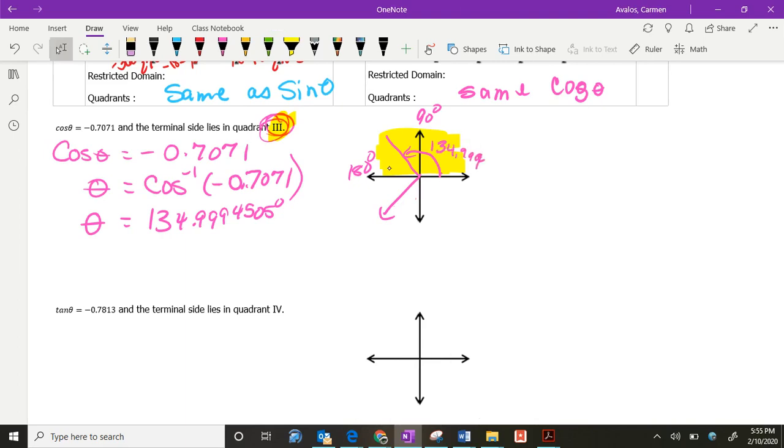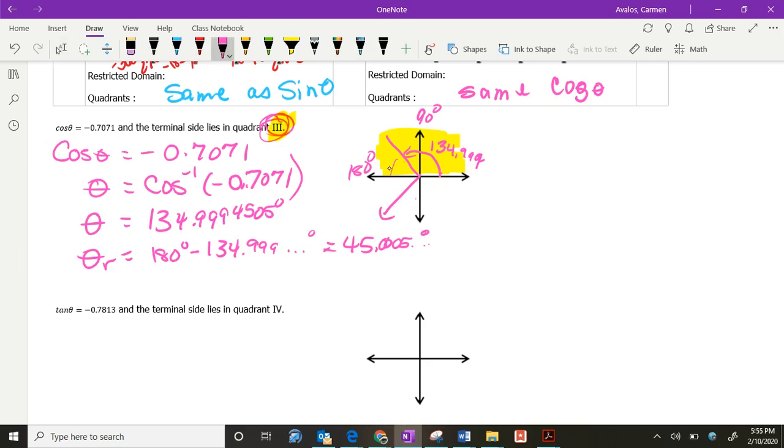So we need to know the reference angle. The theta for the reference angle is going to be 180 degrees minus 134.999 degrees. It's going to give us approximately 45.0005 degrees. So that's our reference angle.